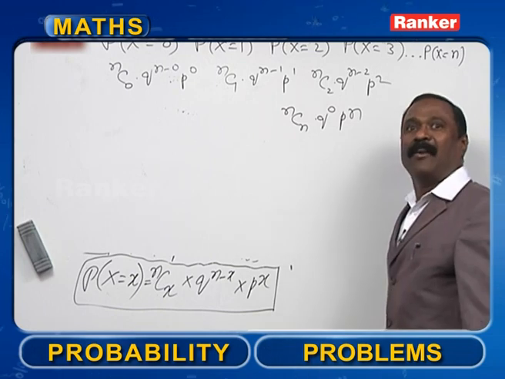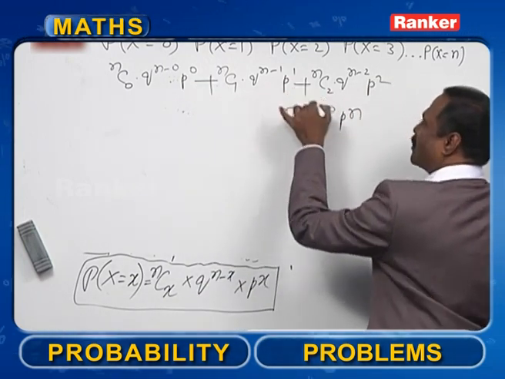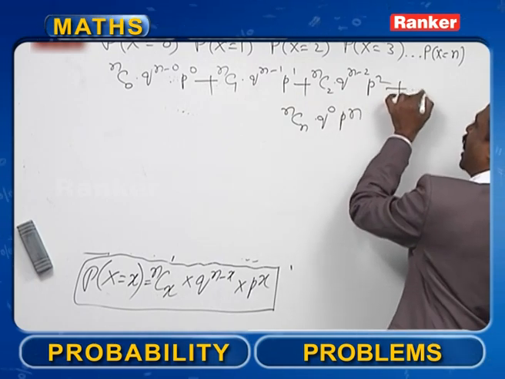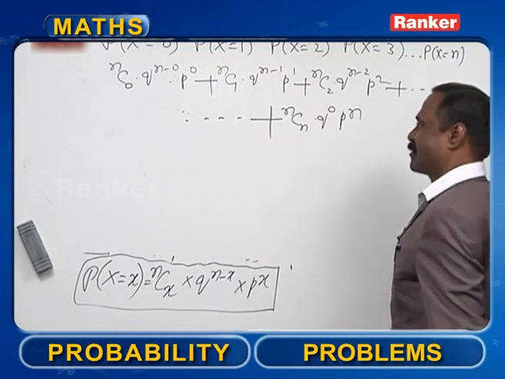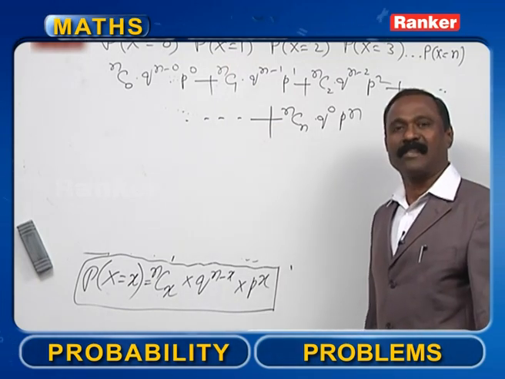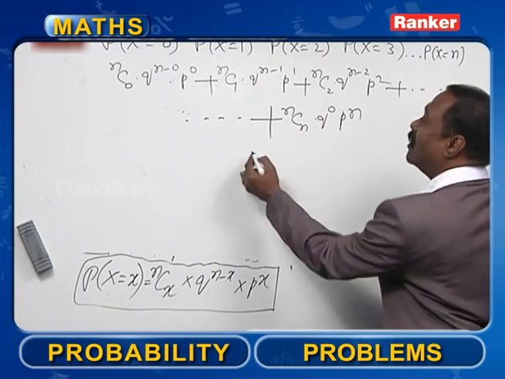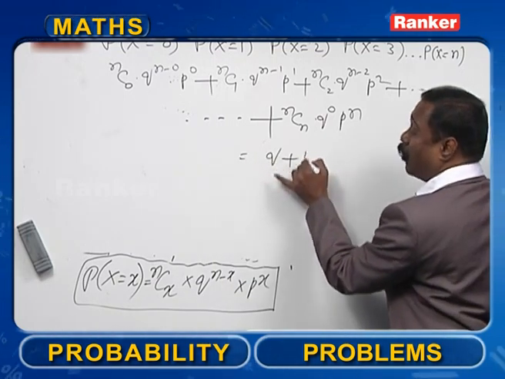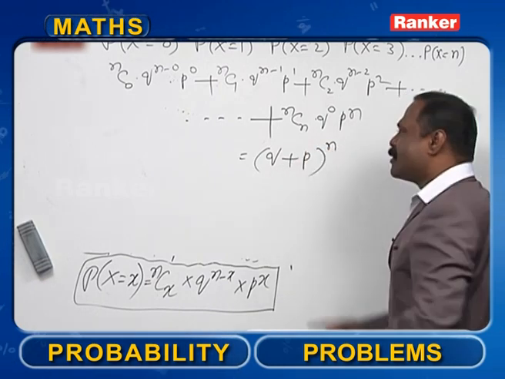So if you add all this, 0 successes, 1 success, 2 successes, and so on, all successes, this is nothing but the binomial expansion, understand that, which is nothing but (q plus p) whole power n. But what is q plus p?